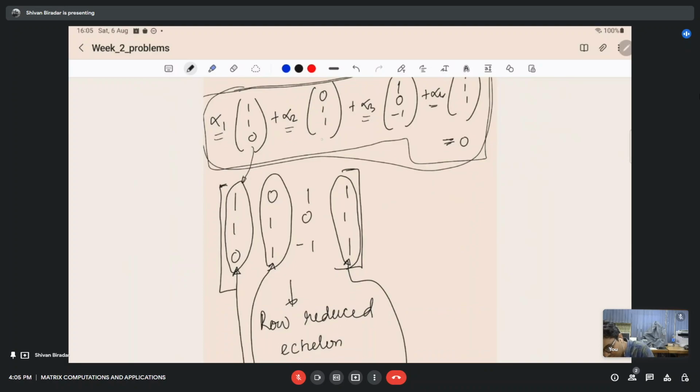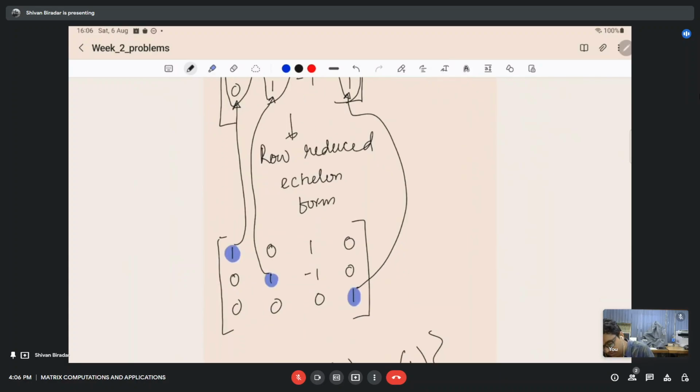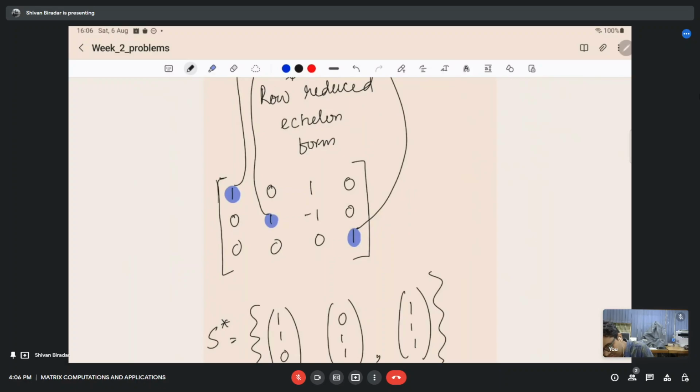I'll form a matrix out of these vectors. I will put these vectors in this matrix. I'll row reduce them to get this matrix. And these are my pivot positions. This is a very important concept.